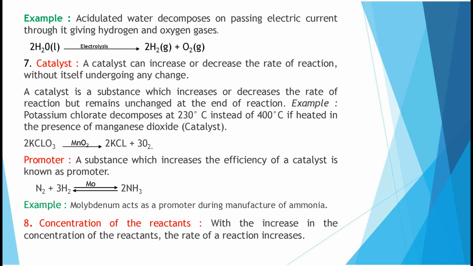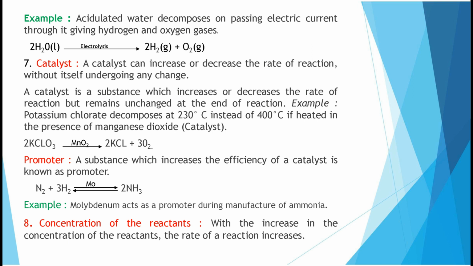Catalyst. We should first know what a catalyst is. A catalyst can increase or decrease the rate of reaction without itself undergoing any change. A catalyst is a substance which increases or decreases the rate of reaction but remains unchanged at the end of the reaction. This is a very important point. For example, potassium chlorate decomposes at 230 degree centigrade instead of 400 degree centigrade if heated in the presence of manganese dioxide.